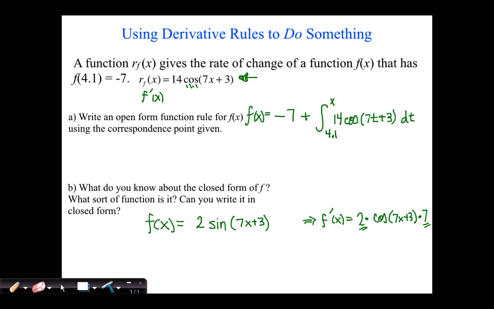But think about this part here. This measures the accumulation between 4.1 and x. If we know the accumulation is called f of x, how could you write this expression using just function notation and function f? What is this accumulation actually giving us?